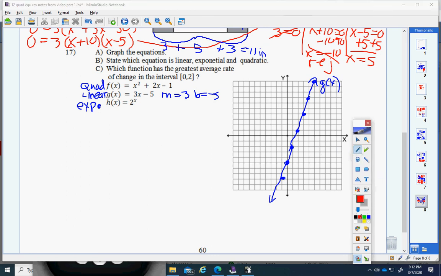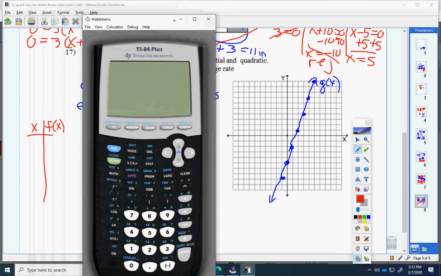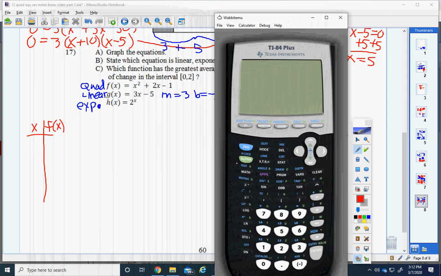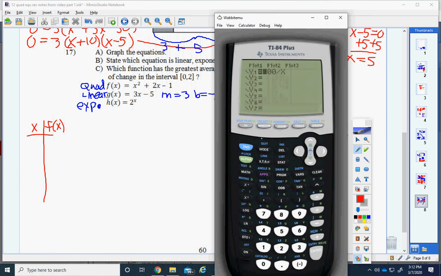F of x I'll do in red. And I need a table of values in order to graph it. X squared plus 2x minus 1. Look at your table. Go find the symmetry.